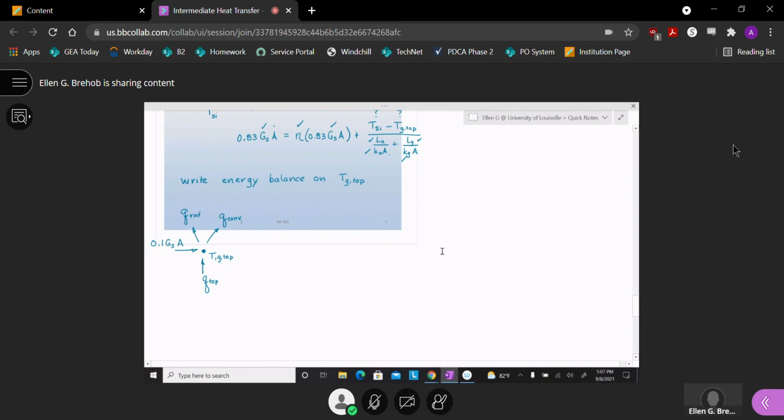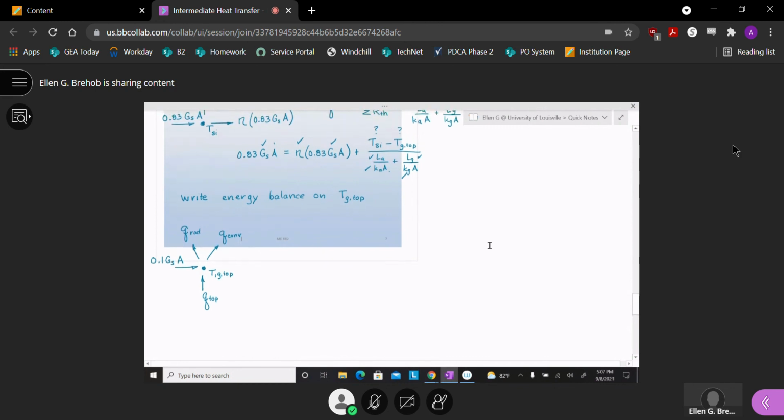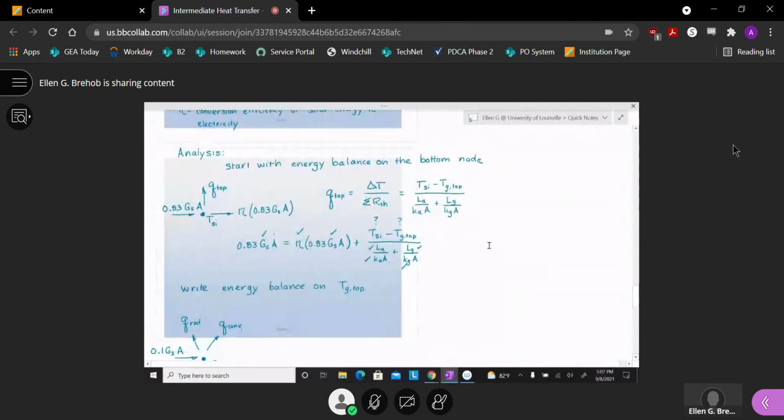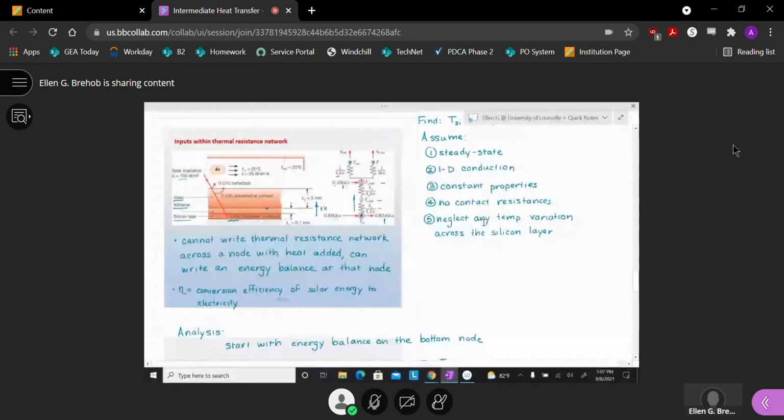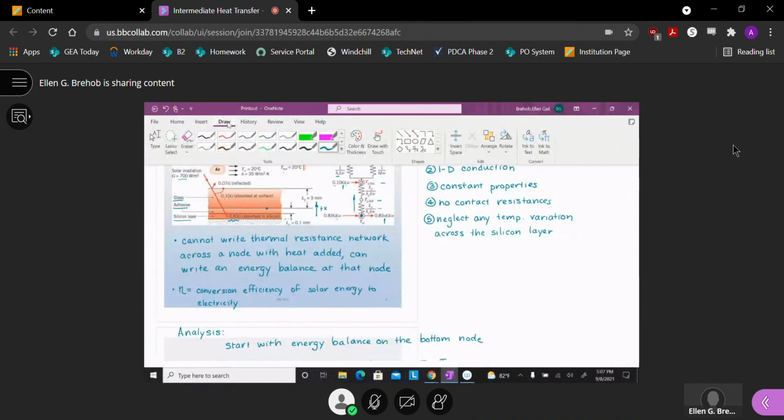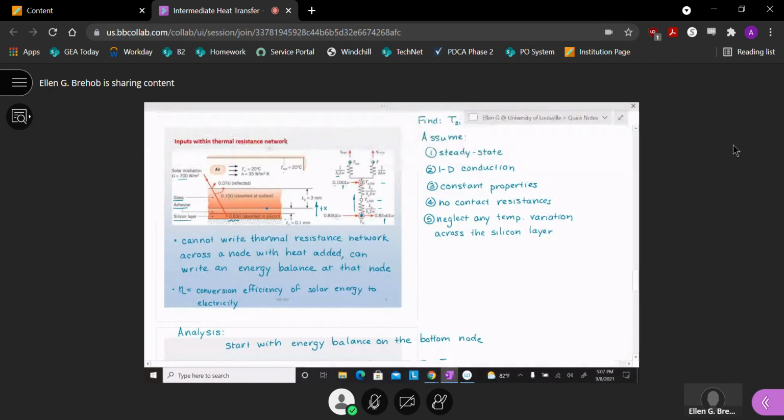So I'm going to scroll up for just a minute to look at our picture. So we're looking at this node now. And so I've got what I call Q top going into the node.